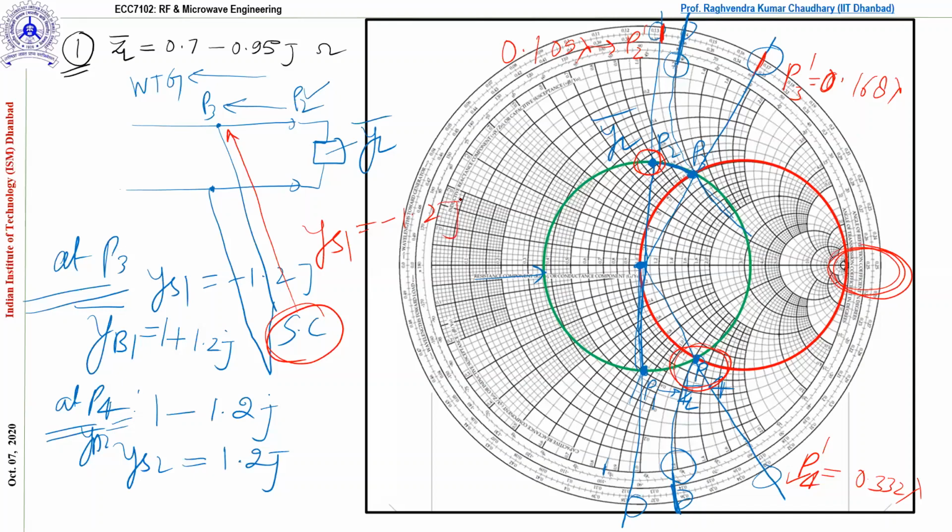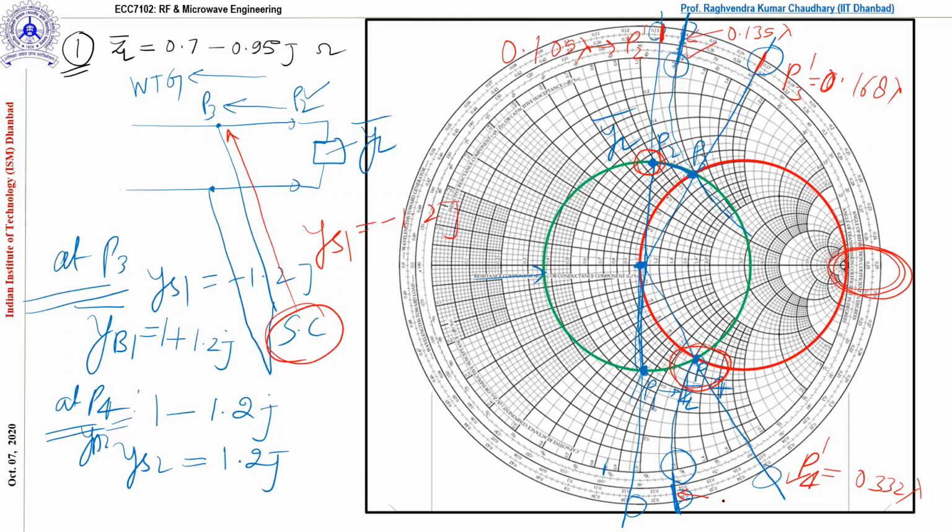As we marked 1.2J over this, you have to read this scale. If you read this scale, this is 0.139 lambda. Similarly here, this is plus 1.2J, and for this it is minus 1.2J.